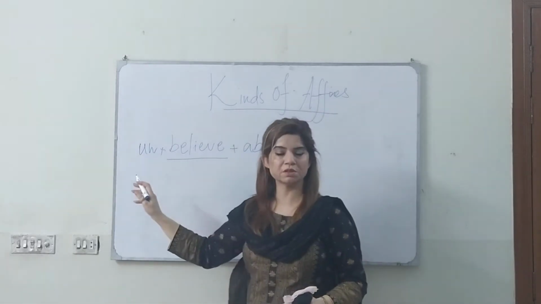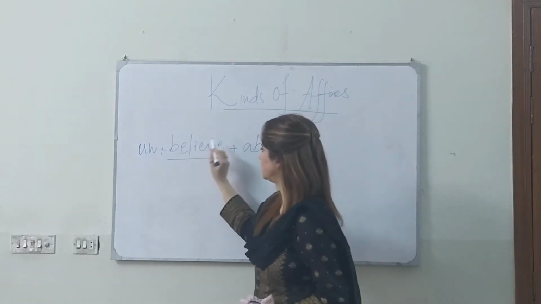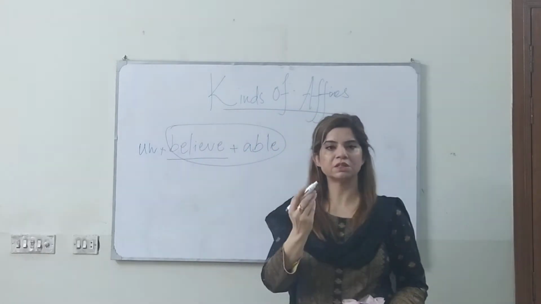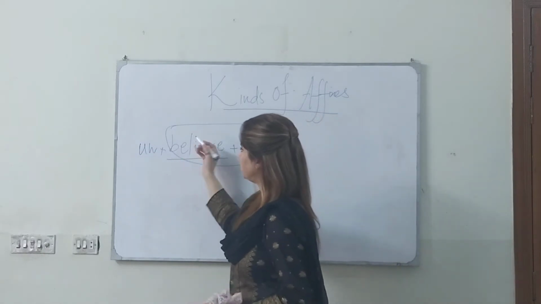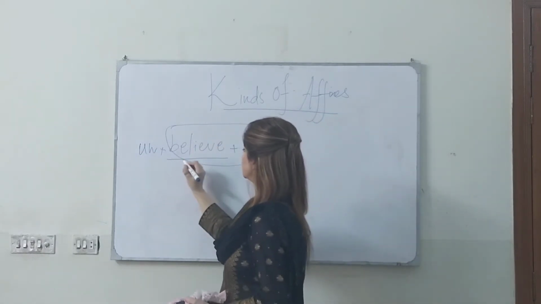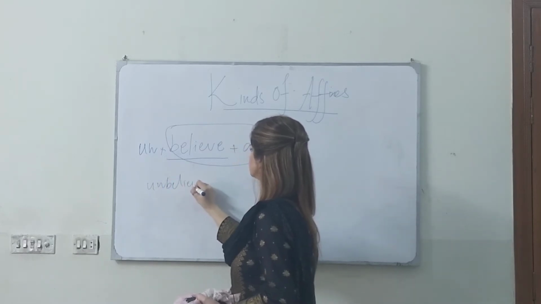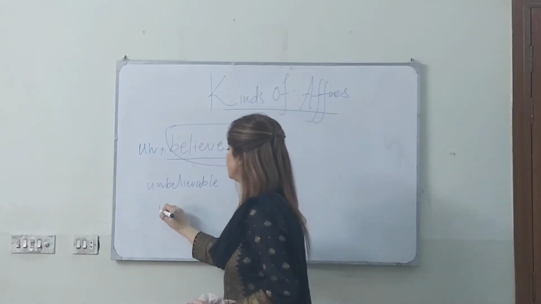So the new word is unbelievable. If we only add able, it will form a single word, believable, and if we add un, it will make another word. So the first word will be unbelievable and the second will be believable.